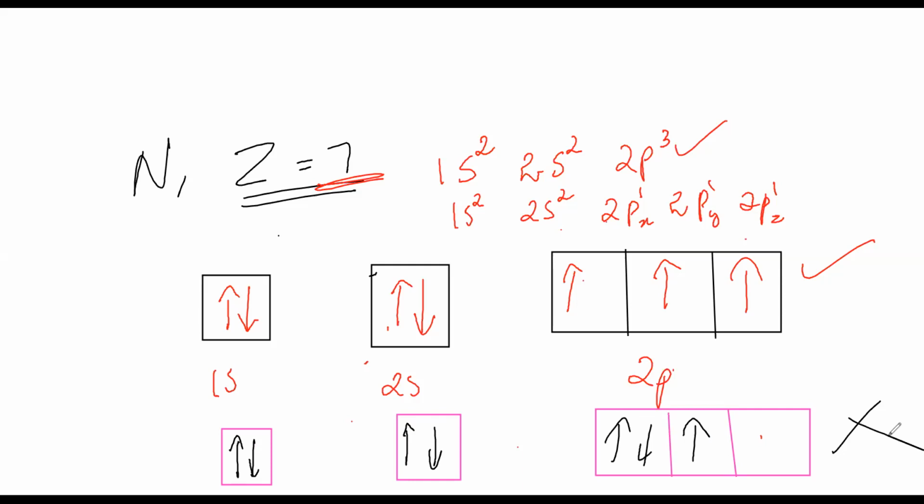We have to remember the Aufbau principle. So what is the doubt in this? Z is equal to 7, I'll tell you what it is. If you don't remember this, I'll just tell you. S can hold 2 electrons.